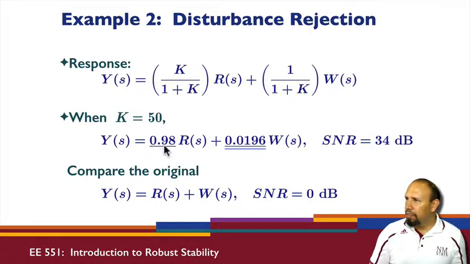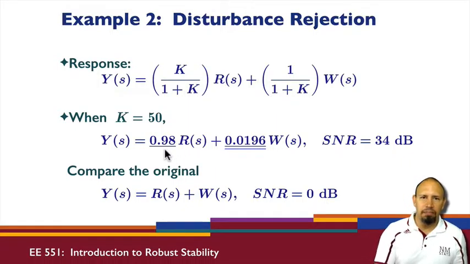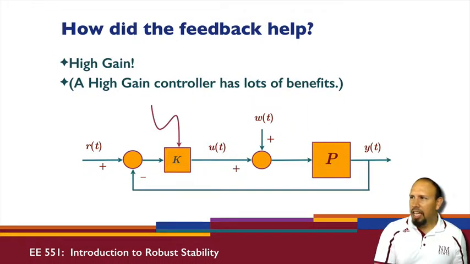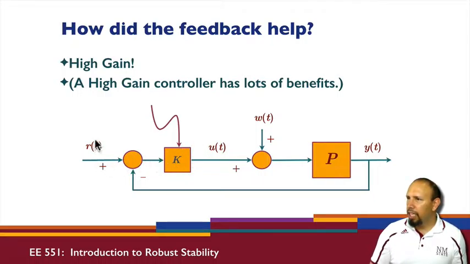When k is equal to 50, this is what we get: a signal-to-noise ratio of 32 dB versus a signal-to-noise ratio of 0 dB. So W here has a lot of authority. W here has very little authority. And the feedback helped because of the high gain. It basically gave more authority to this signal, which is getting multiplied by that, than this signal has.